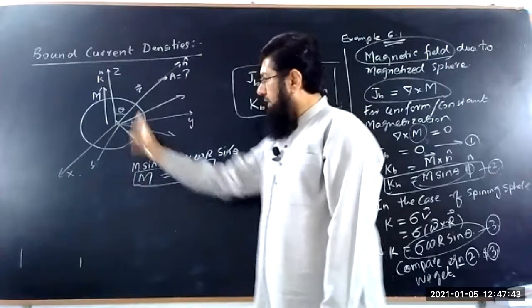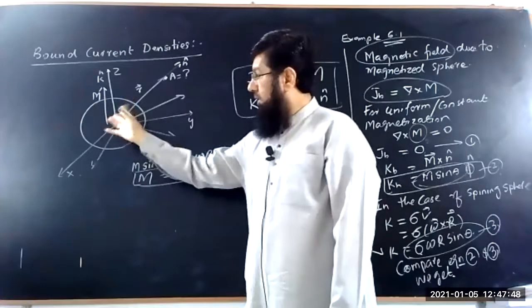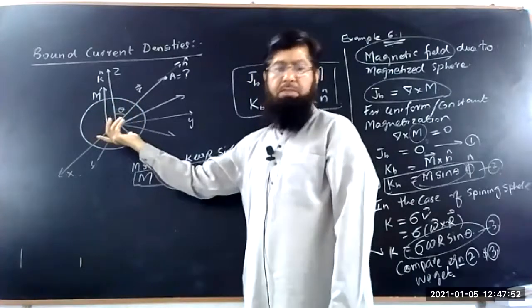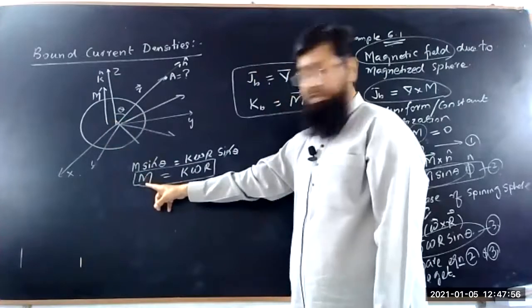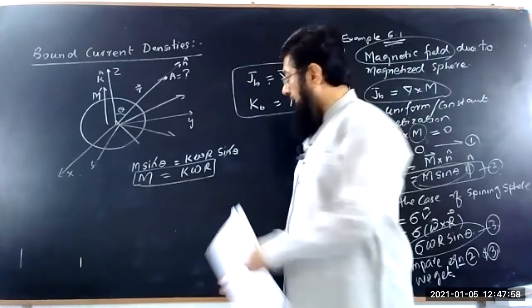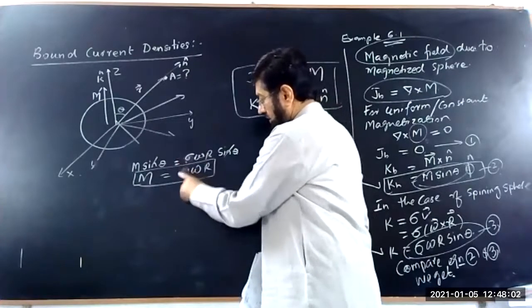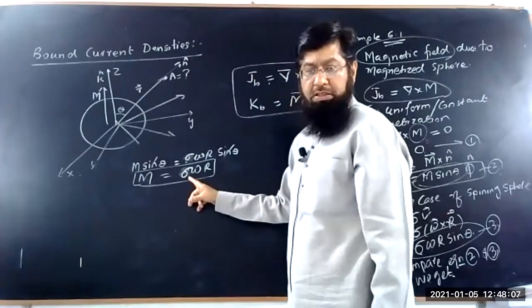So if the same sphere is not magnetized but it is spinning, the spinning of the material can generate a magnetization. Here, sigma is the surface charge density.